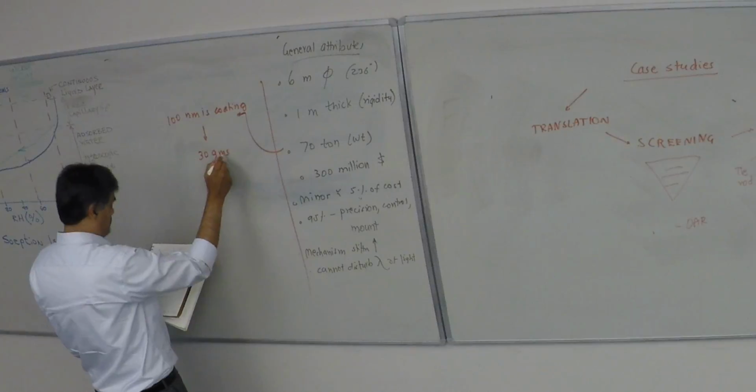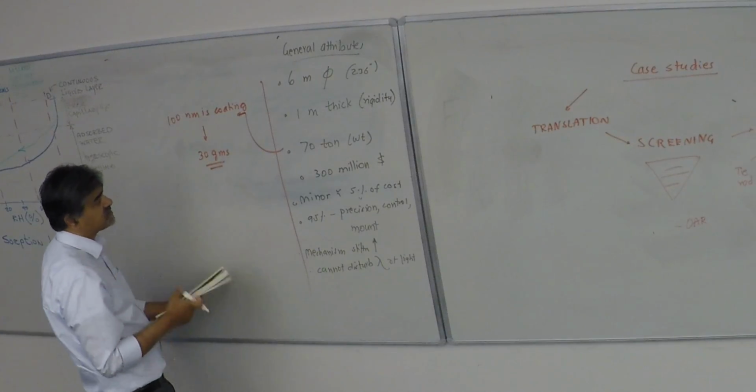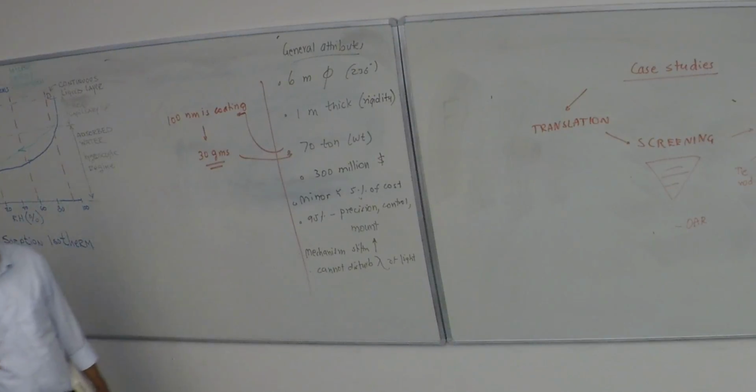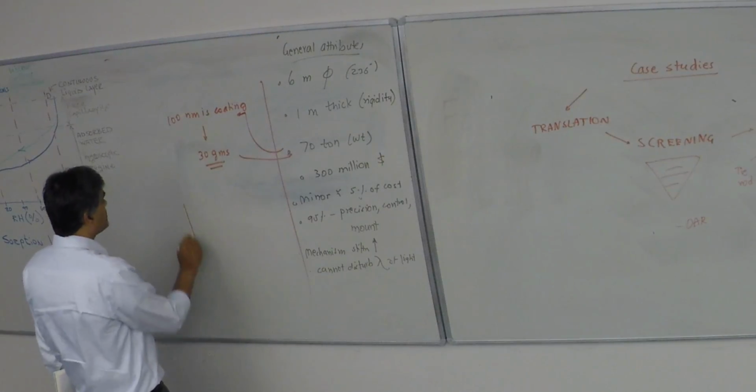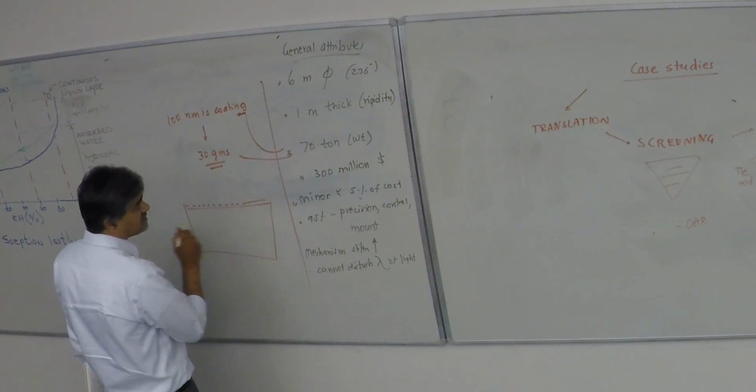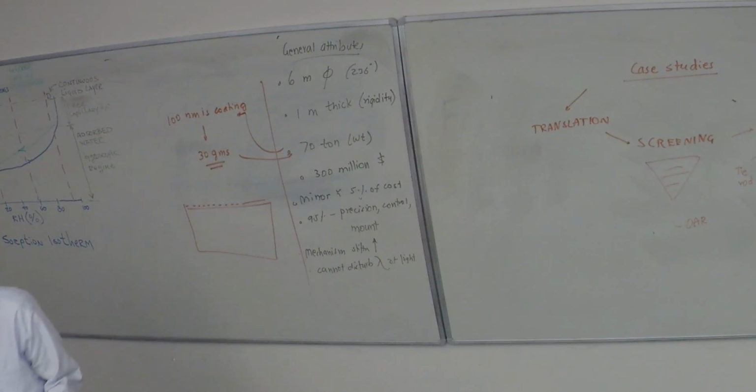So 30 grams is the only mirror for a 70-ton part, right? Because the rest of it is the supporting structure. So you can conceptualize it like this, a very thin coating is the mirror coating. So there are a lot of interesting facts here.